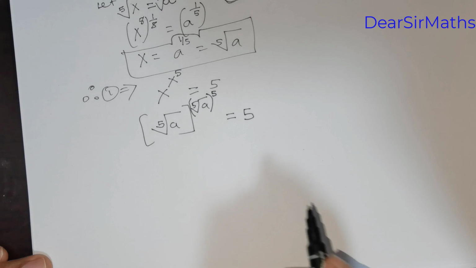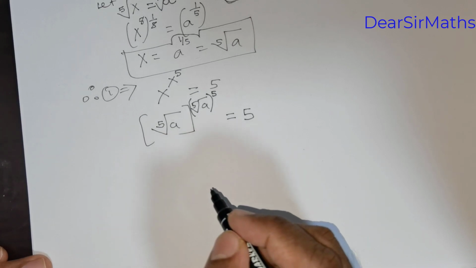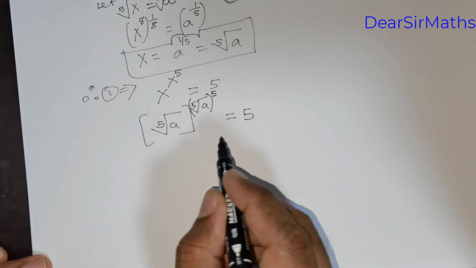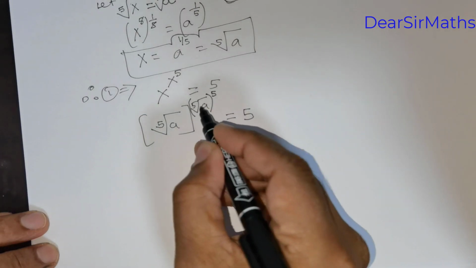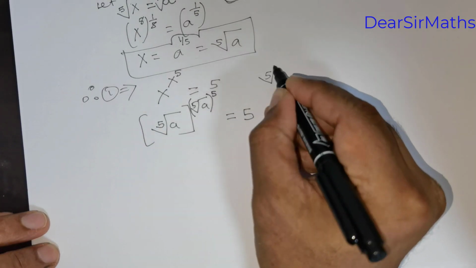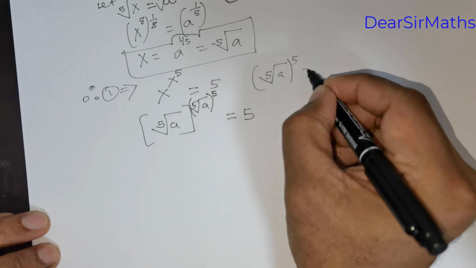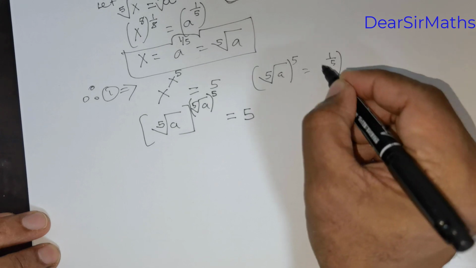So now what I wish to do is perform some manipulations so that we are in a better position to equate the bases and the exponents. That's exactly what I'm going to do. So this is actually, let me write that down, the fifth root of a, this is raised to the power of 5. As I mentioned to you, the fifth root of a is nothing but a raised to the power of 1 over 5.